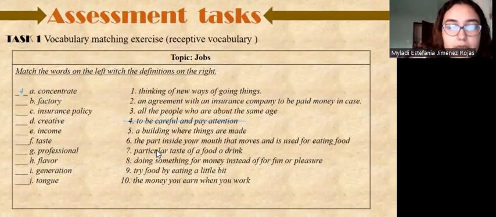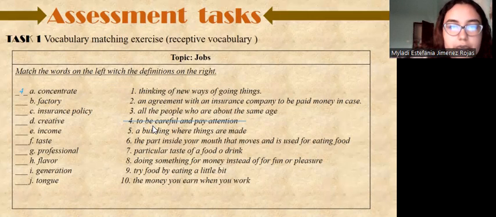Assessment tasks of vocabulary. We will see 2 evaluation tasks that can be used for vocabulary. Vocabulary matching exercise belongs to receptive vocabulary. These tasks will help us to evaluate if the students recognize or associate the vocabulary with some process or definitions.